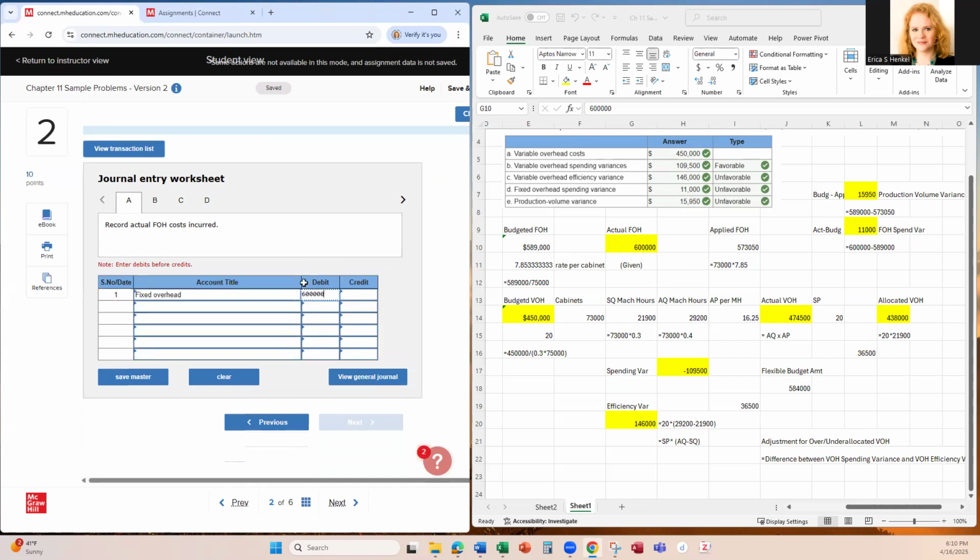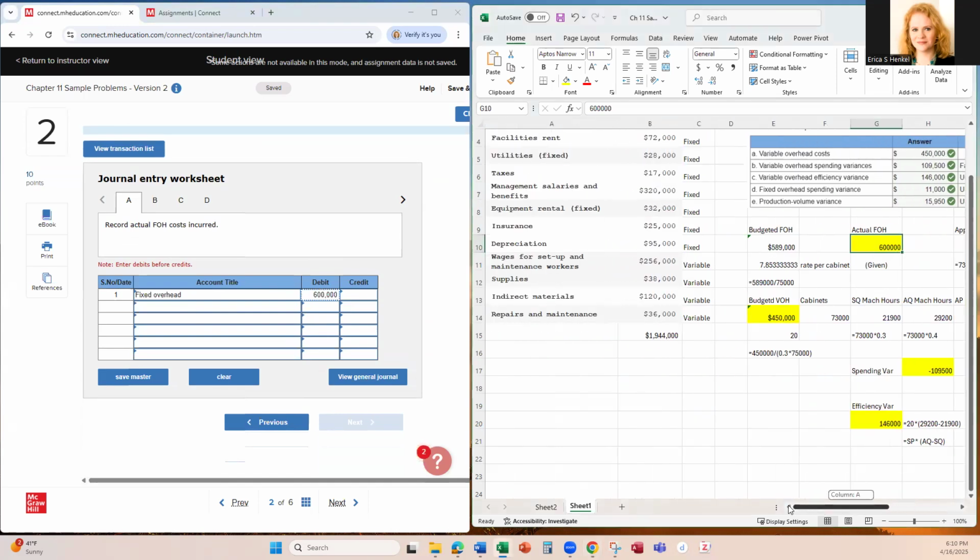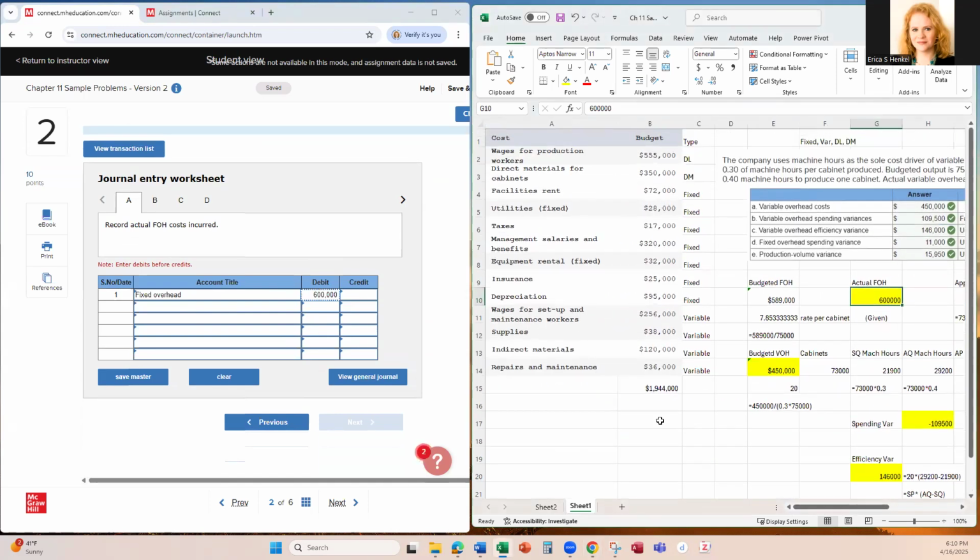So we're debiting fixed overhead for the $600,000. I don't love how they put this in here, but basically what you'd be crediting here would be whatever the expense accounts were for what you're paying. If we scroll over and look at our overhead, our mix of things, if we were doing a detailed journal entry, which unfortunately they're not having us do, I would have preferred that. We would be crediting rent payable, utilities payable, taxes payable, salaries payable, for those different accounts.